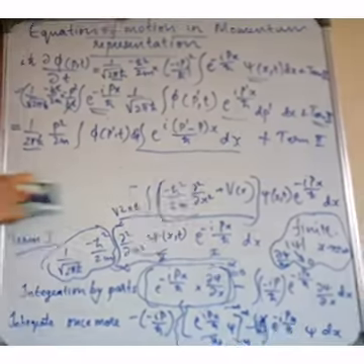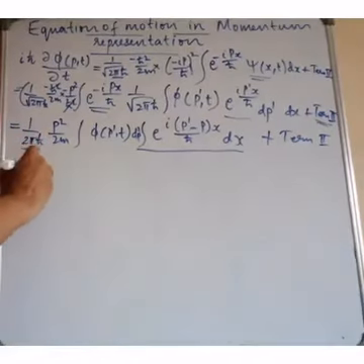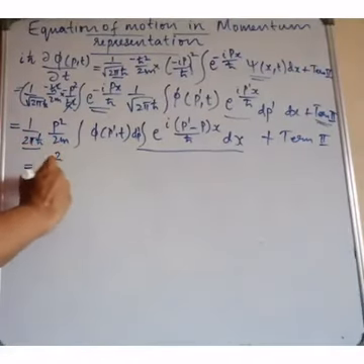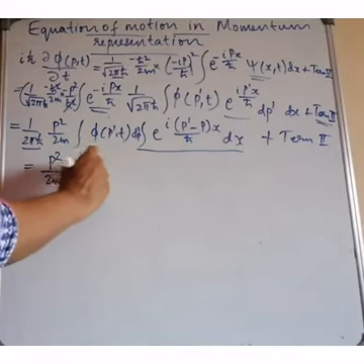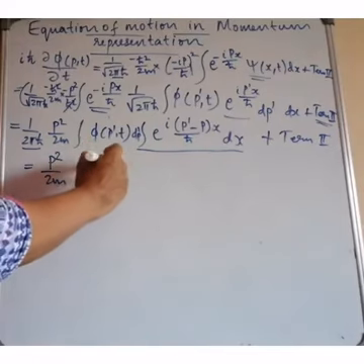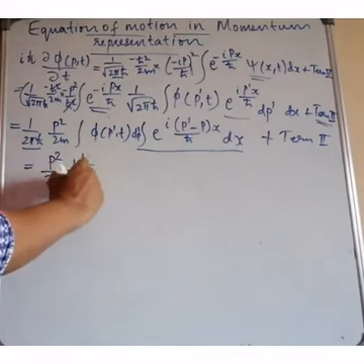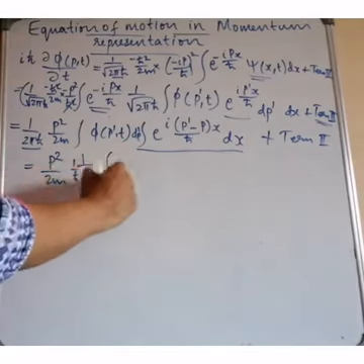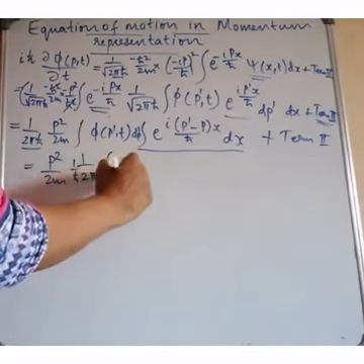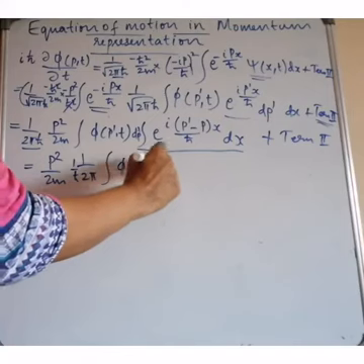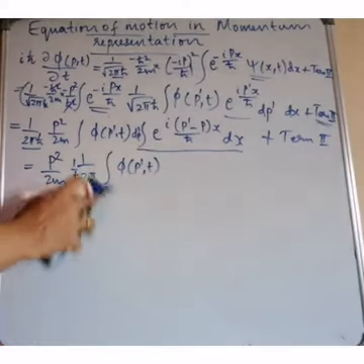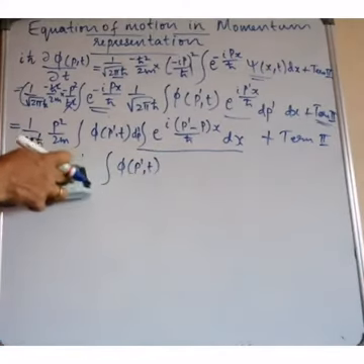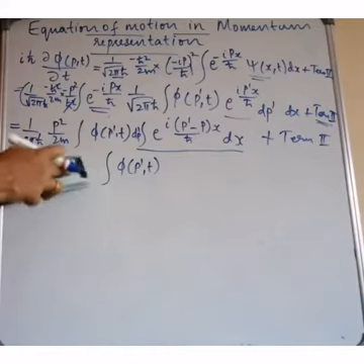So I'll write it p square by 2m, 1 by 2 pi, 1 by h cut into 1 by 2 pi integral phi of p prime comma t. I think I'll take 1 by 2 pi inside.